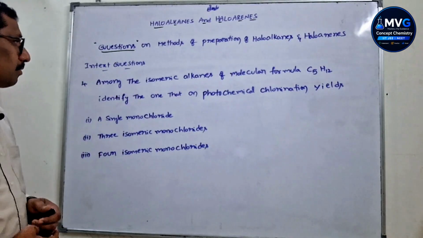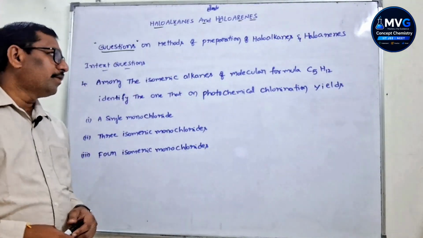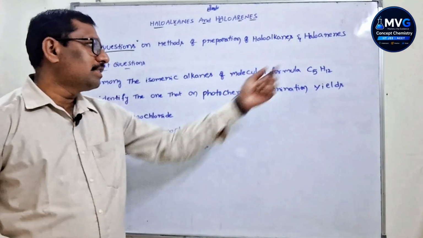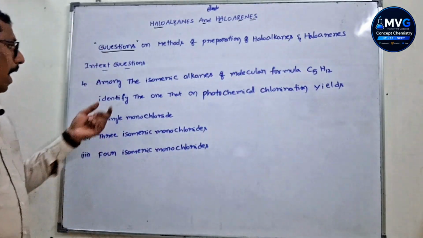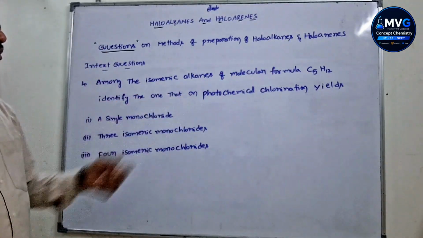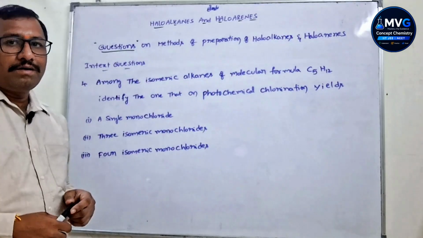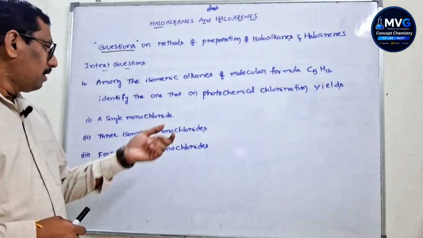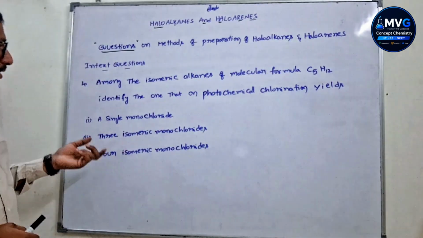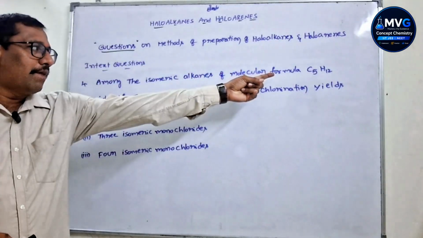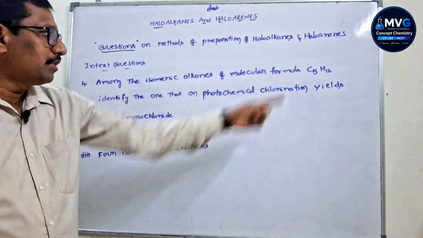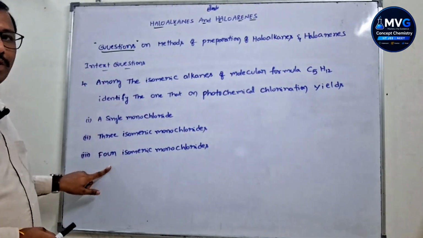Next, students, in this question, among the given isomeric alkanes with molecular formula C5H12, identify the one that on photochemical chlorination gives the stated yield. For the compound with molecular formula C5H12, we should write these isomeric products.